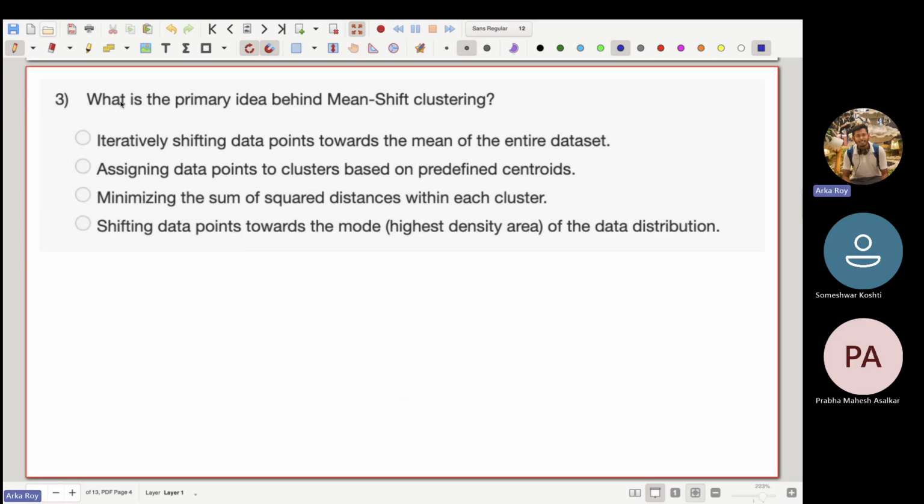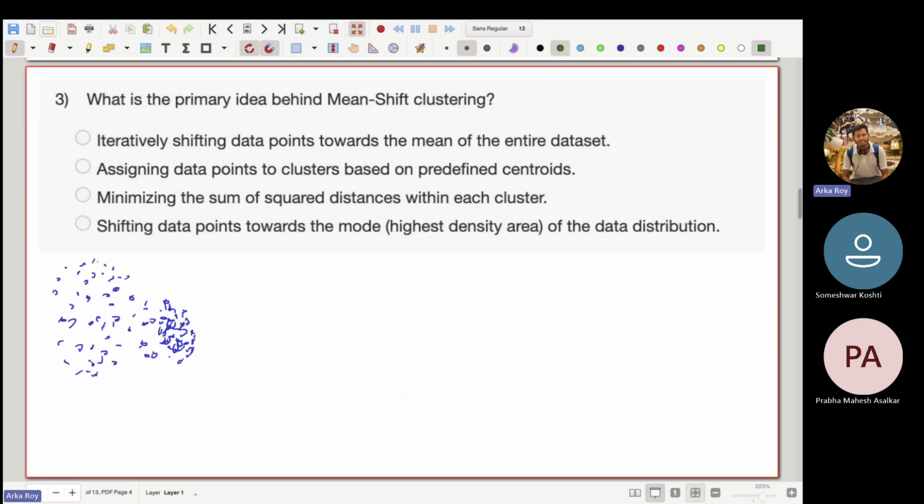Okay. So the next question states, what is the primary idea behind mean shift clustering? In case of mean shift clustering, if I just show you a diagram, this is how you proceed in a mean shift clustering method.